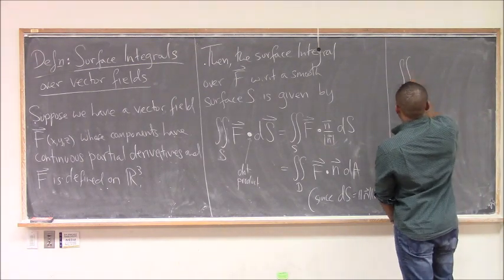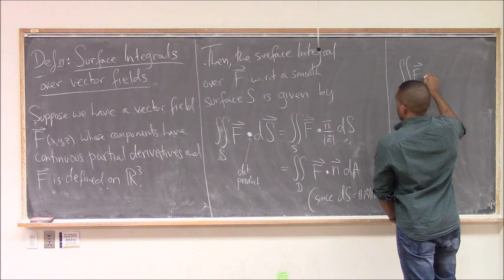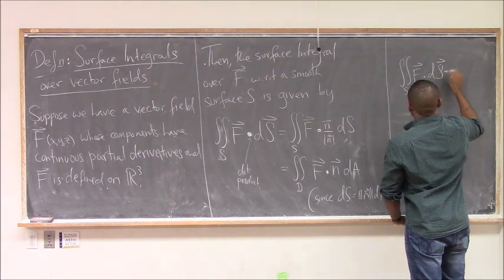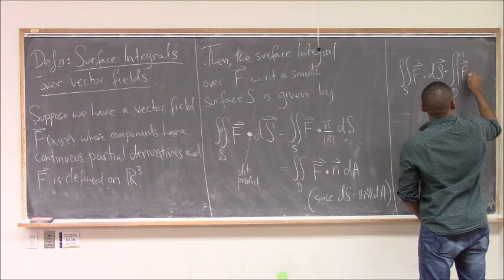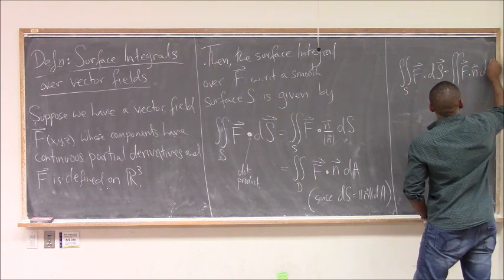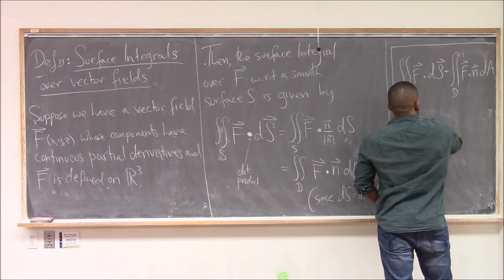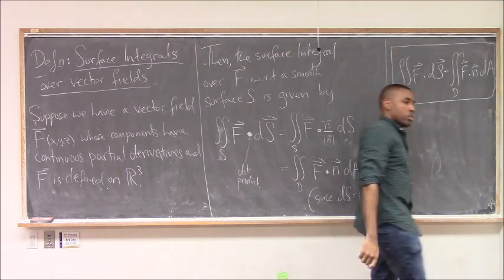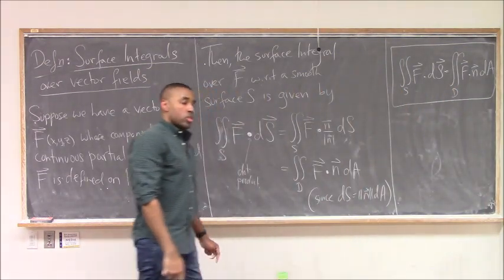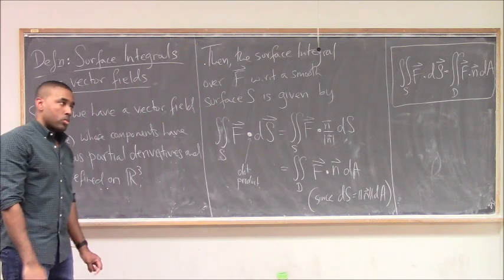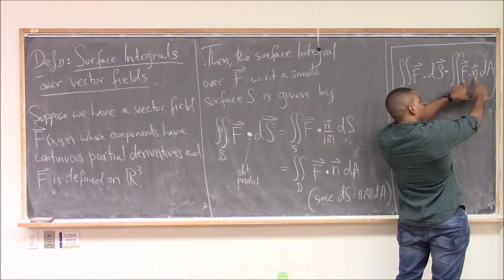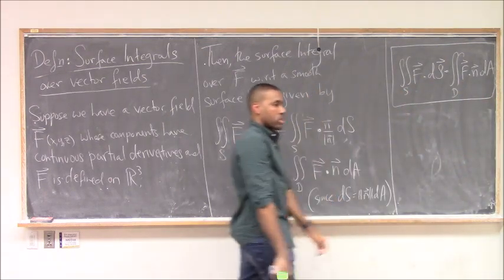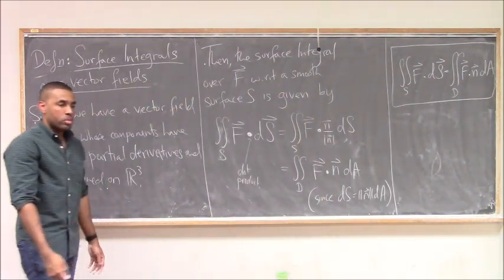So this is the formula I'd say you should remember: F dot N dA. And the N here is given by the formula that we've talked about before. You should also notice we're doing a dot product, which means both of these are vectors, which means you're not taking the magnitude of the normal vector, so the direction in which you're pointing will be important.